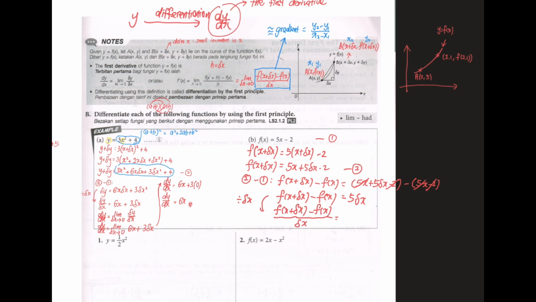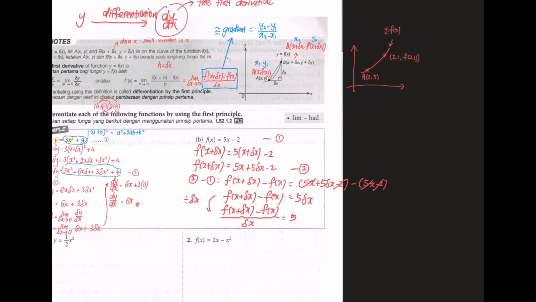So when you divide by delta x, basically 5 delta x divided by delta x, we get 5 only. So after doing so, we already get this form. We put limit to it.